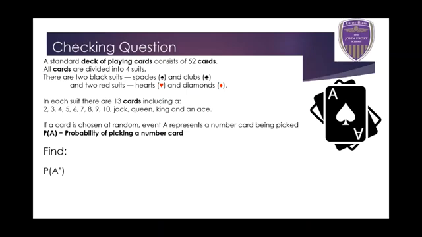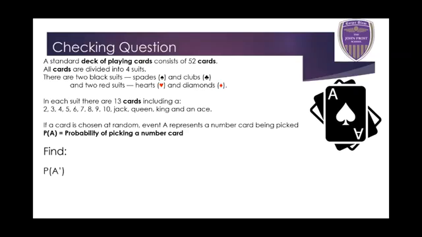If a card is chosen at random, event A represents a number card being picked. So P of A equals the probability of picking a number card. I'm asking you to find P of A prime. So pause the video, see if you can have a go at answering this question. Best of luck.